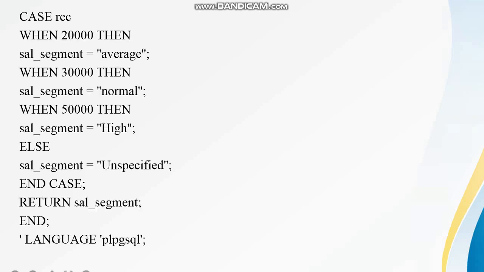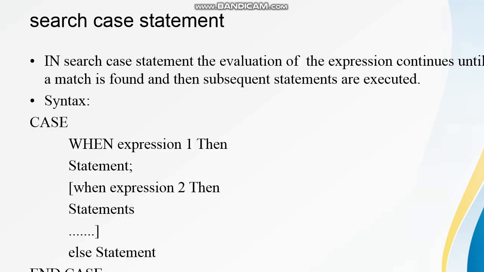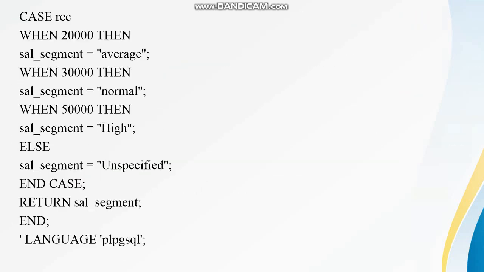So what is the case now? Case rec: whatever value comes in this variable rec will be checked in every when clause. When 20,000, then salary segment is equal to average.